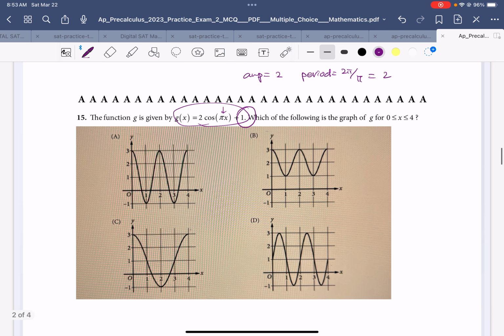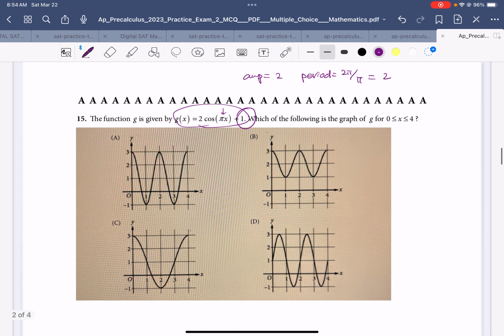If you look at the answer choices, you can just graph it. Your center is 1, so you start from 1 and go up and down by the amplitude, so 3 and negative 1. The period is 2, so let's say 1, 2 here.